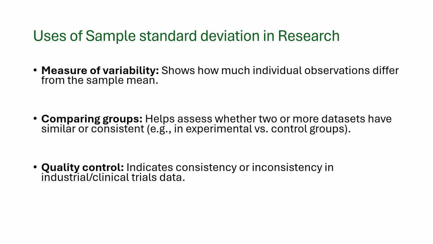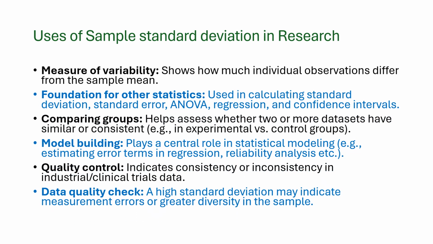It is very often used in quality control to indicate consistency or inconsistency in industrial or clinical trial data. Sigma becomes the foundation of all statistical calculations and inferential studies like ANOVA, regression, confidence intervals, where very often we use standard errors. The standard error of mean, sigma by root n, is very famous.